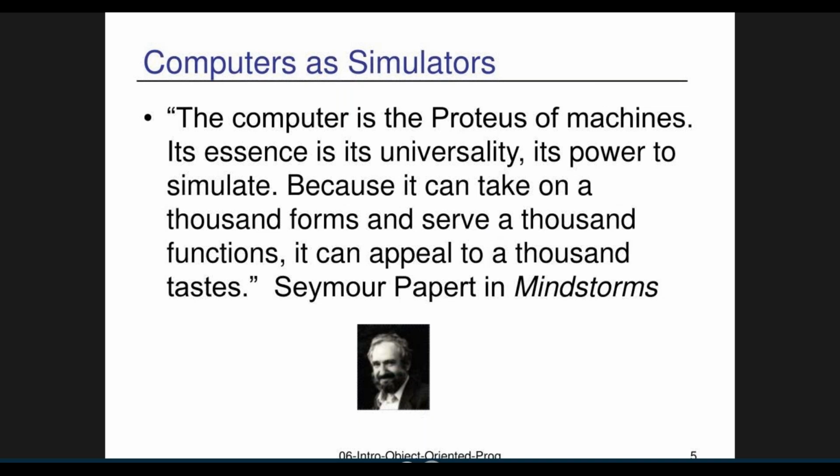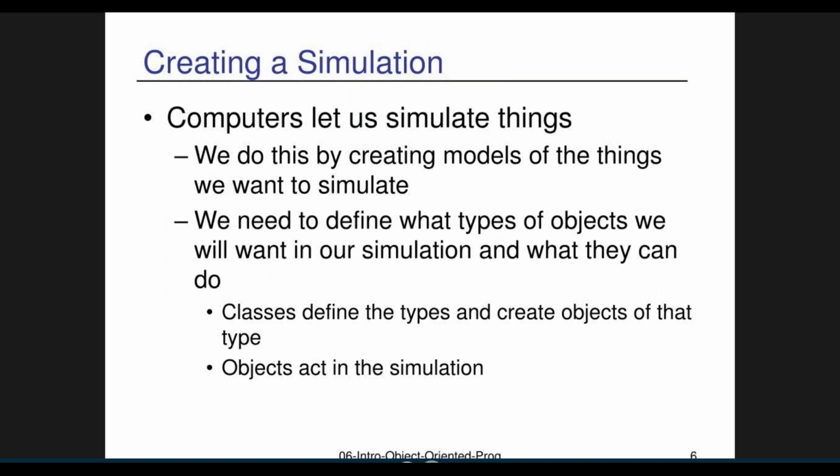Okay, next, creating simulation. How to create a simulation? Computers let us simulate things by creating models of the things we want to simulate. Then we need to define what types of objects we want in our simulation and what they can do. Like classes, define the types and create objects of that type. So what is a class? A class is nothing but a blueprint.